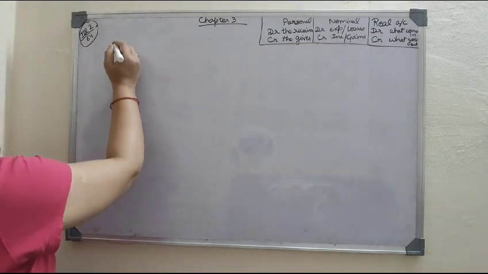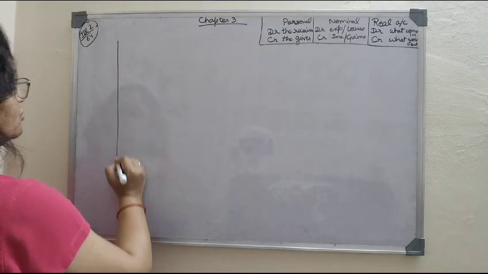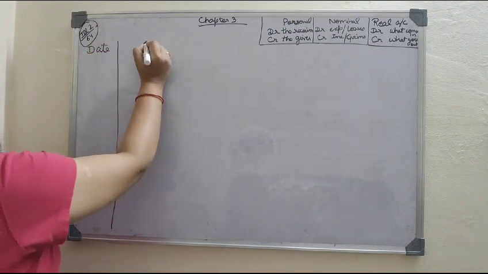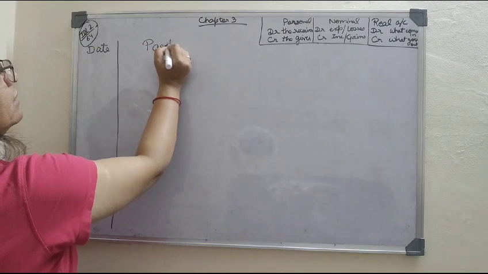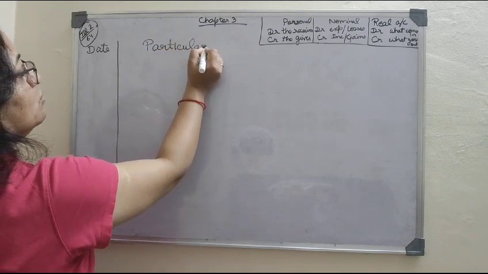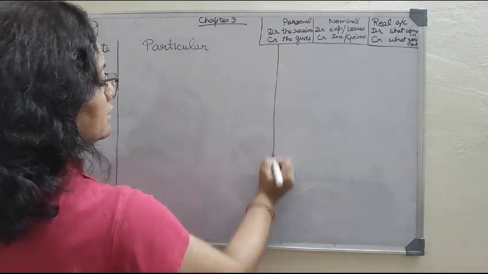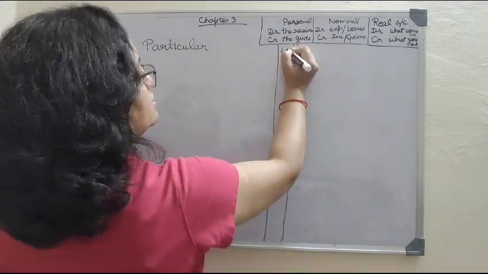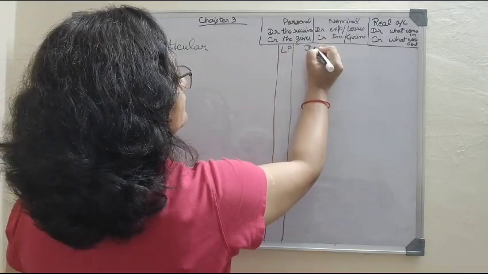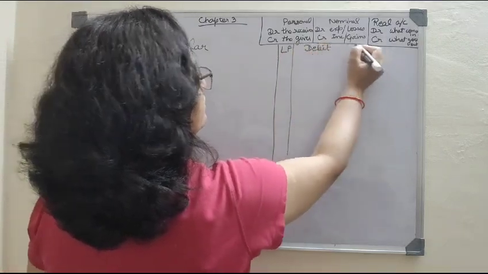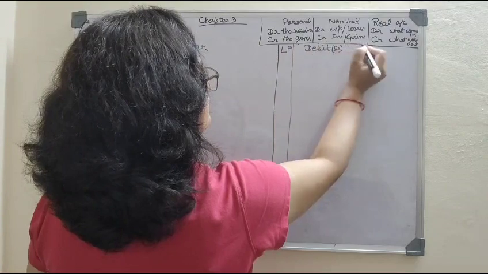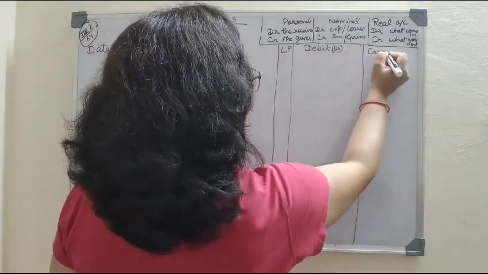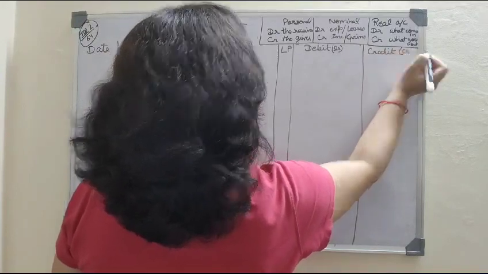First of all, before starting the question, one thing which you have to keep in mind is the format. I already told you your format should be correct, and please use a ruler to draw the lines. This thin line over here is ledger folio. Here comes the debit, which is also called DR, and then here comes the credit, that is CR.